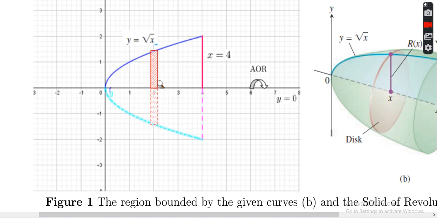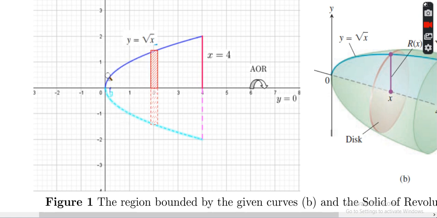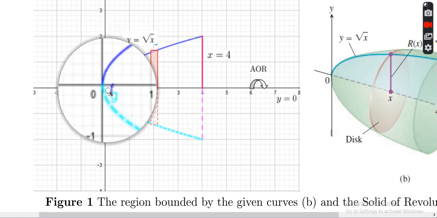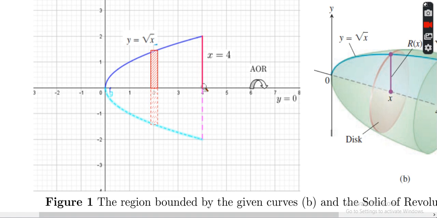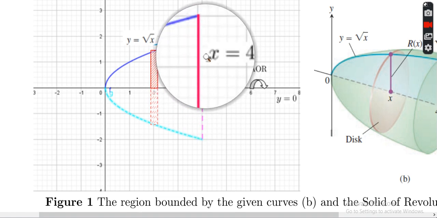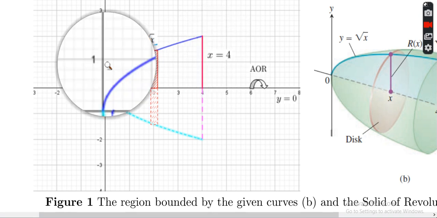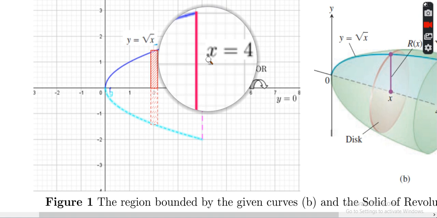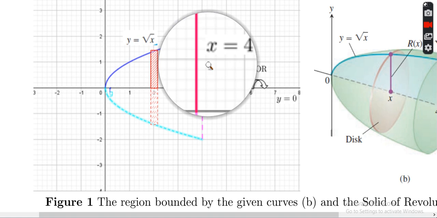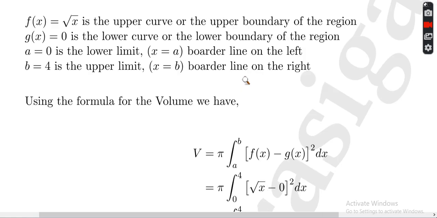Meron tayong upper, meron tayong lower, and then yung left boundary is x equals 0, and yung right boundary ng ating region is at x equals 4. So, ang lower limit natin is 0, at ang upper limit natin ay equals sa 4. Yun yung mga kailangan natin para mag-substitute sa formula.